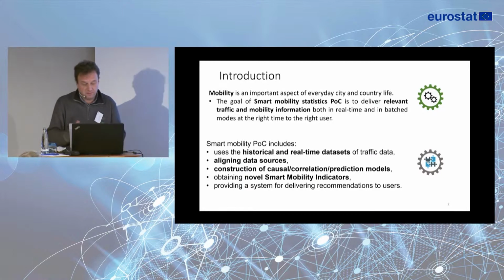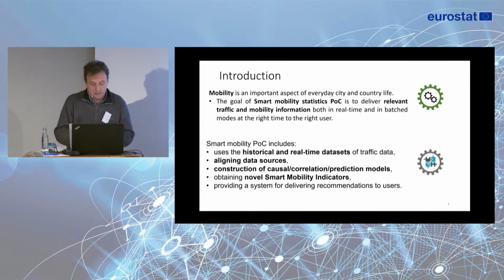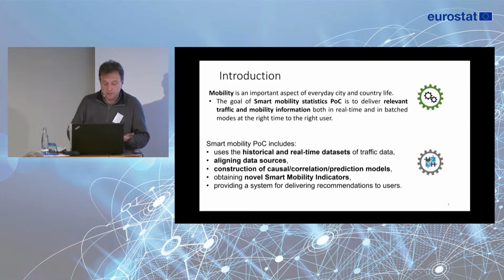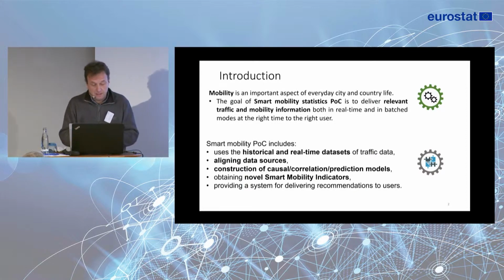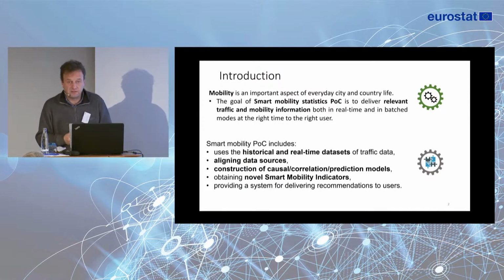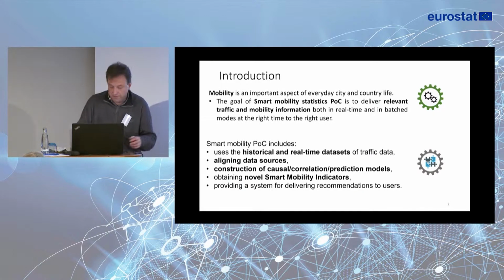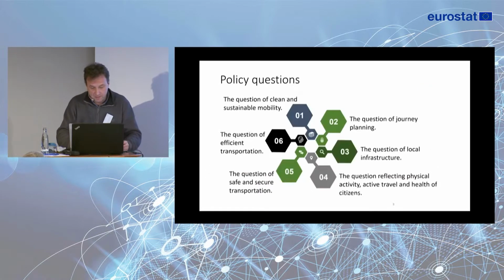This is very important so that we get some synergies along, so synergies in terms of interoperability, construction of models out of this data, right? So this could be either causal, correlation, prediction, and for statisticians this is important somehow to extract the statistical indicators which have some meaning, and of course to have also a system which actually works, right?